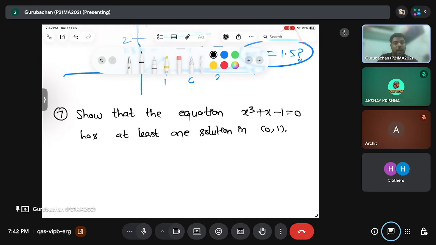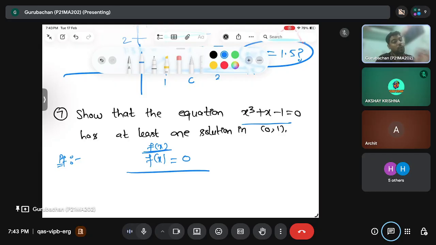Tell me, what is the difference between function and equation? Whenever you write a function equal to 0, this is called an equation. And whenever you write just the expression, this is a function. If you write x cube plus x minus 1, this will be a function.